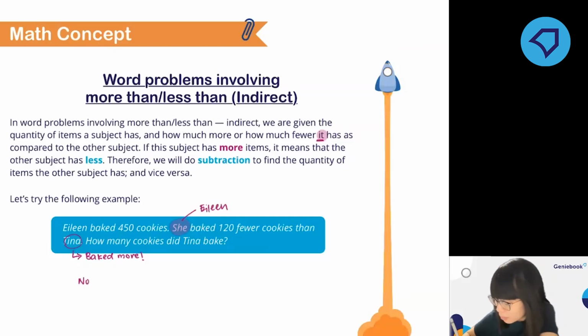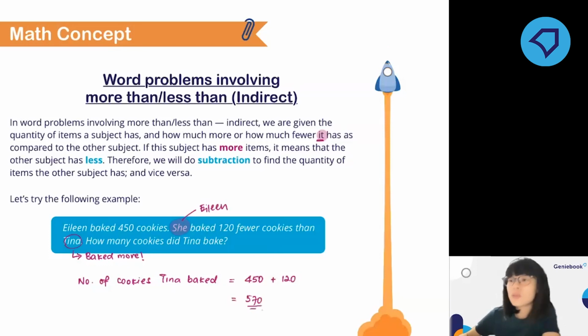So now to find the number of cookies Tina baked, we need to do addition. So 450 plus 120, and that will give us 570. So can you guys see the difference between this question and the previous question? Do I need to show you the comparison? Can you guys understand?